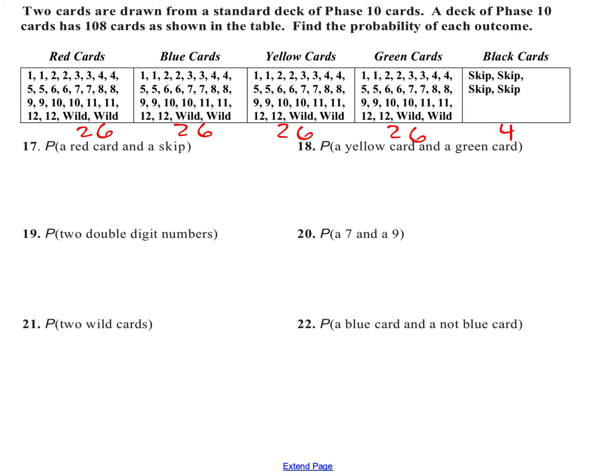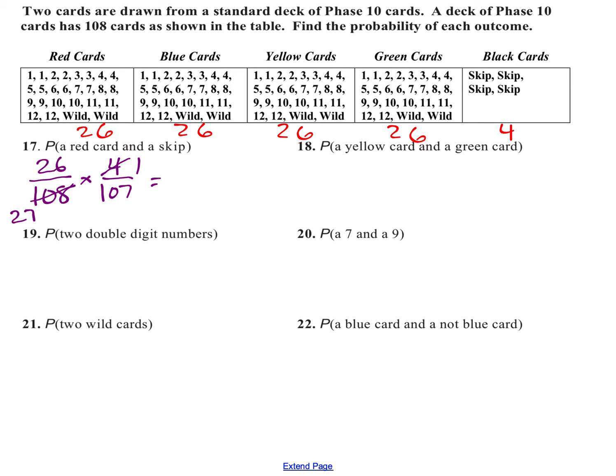So, number 17, a red card and a skip. The red card has a probability of 26 out of 108, and the skip is 4 out of 107. Okay, 4 goes into 108 27 times.